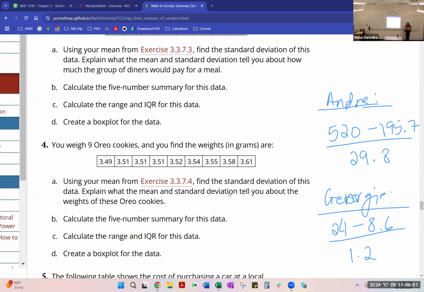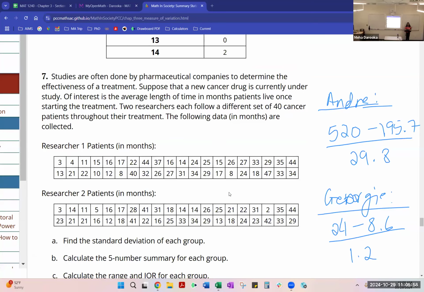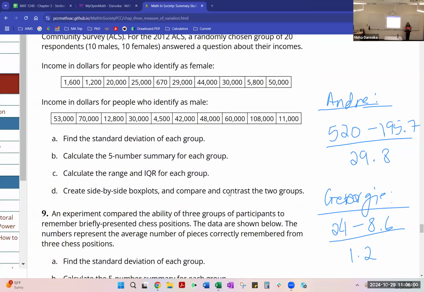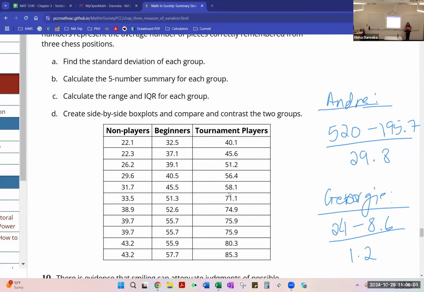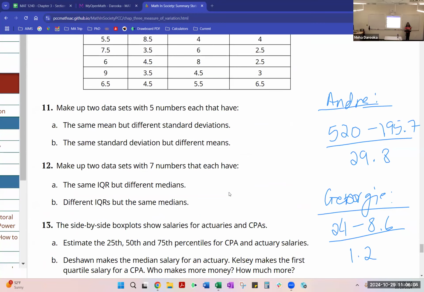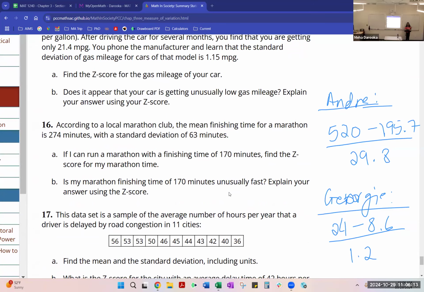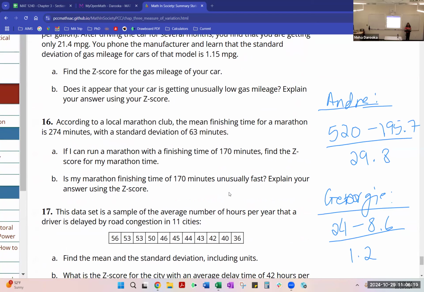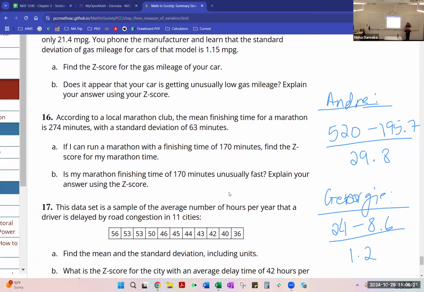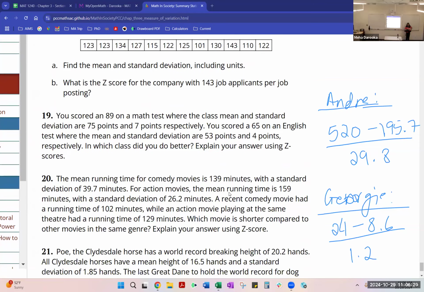All right, so we've done the 5-number summary and the IQR, so I don't want to repeat that example. I was hoping to do something with z-scores, and looking to see if we can also do a comparison between two groups.